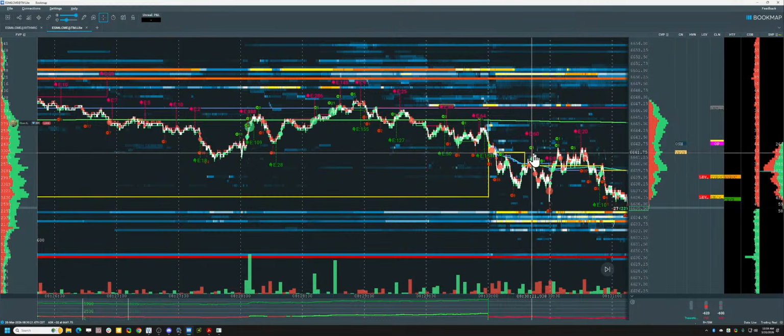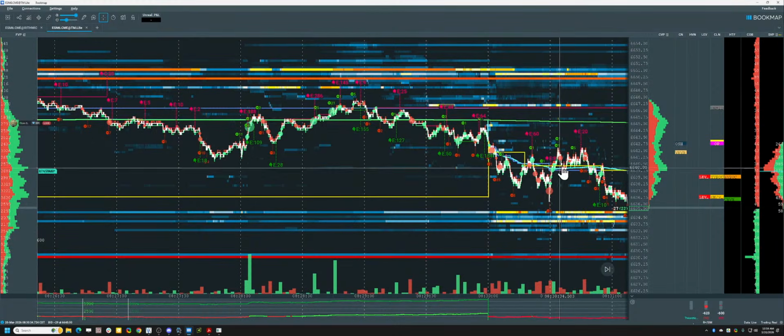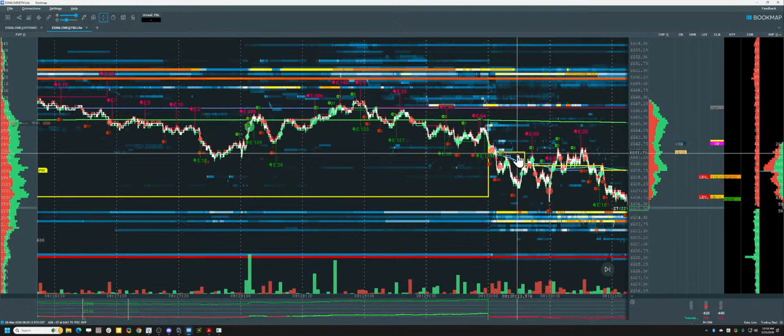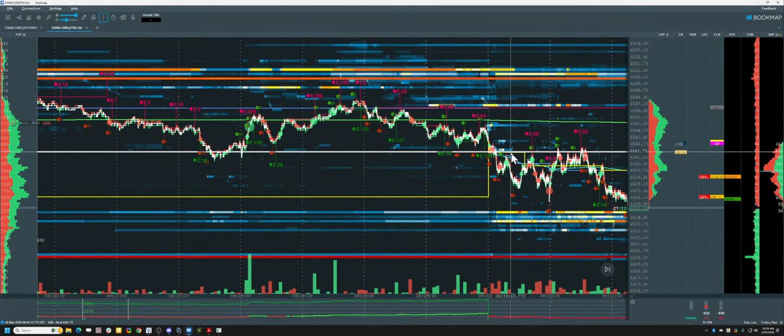Now, this is a short for me, typically, but because of balance, it's not qualified. So now, here's what I know, and I don't know until after the fact, so we have to get over it. Right here is resistance. Not qualified. This is often a short, but not in this condition. I see my sellers.